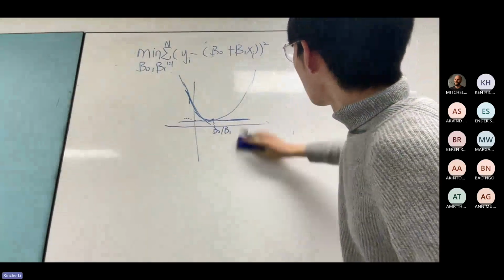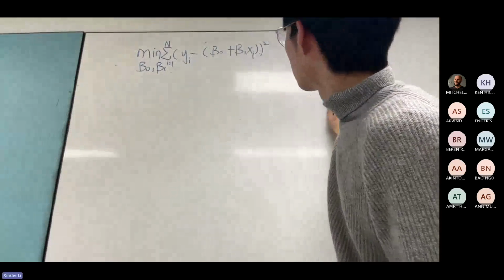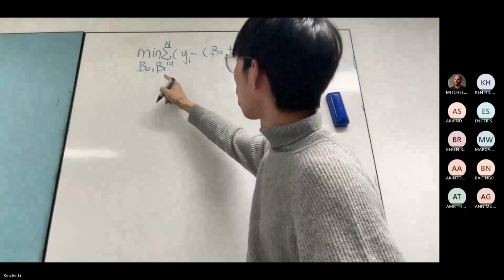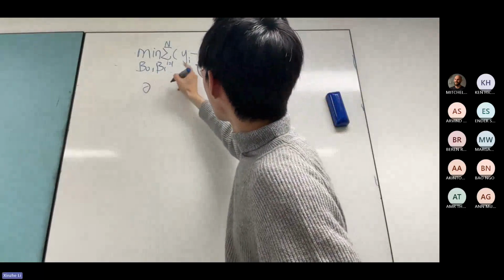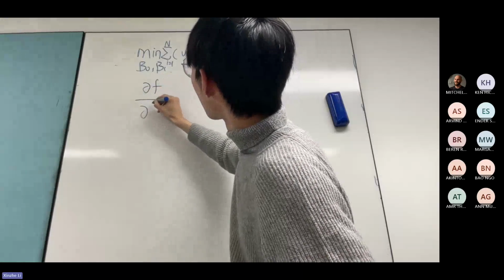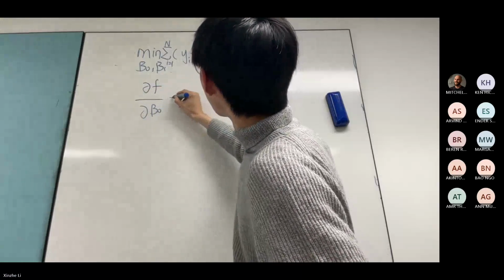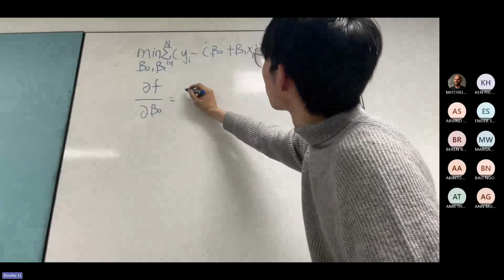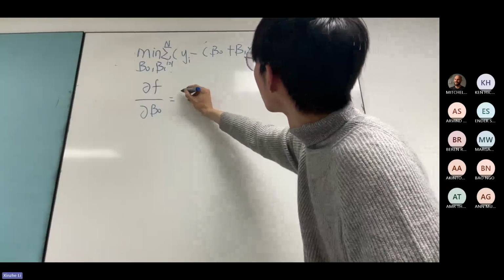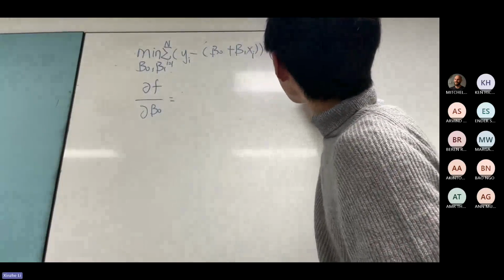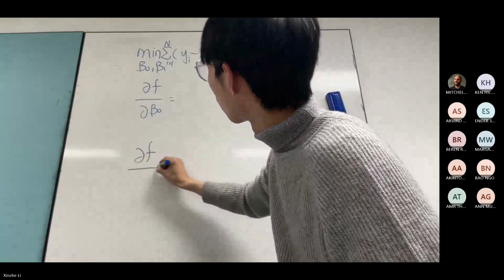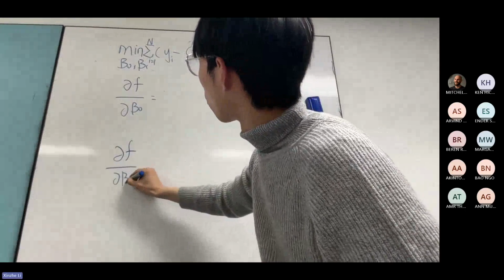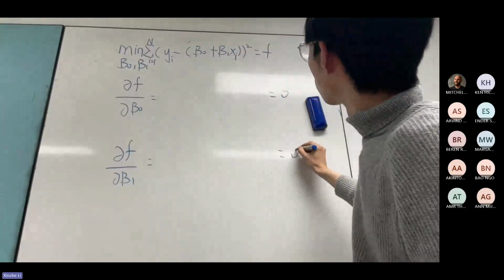That's how we can get these two variables. We need the derivative of this function with respect to beta 0 to equal 0, and also beta 1. I call this function f, and this should equal 0.